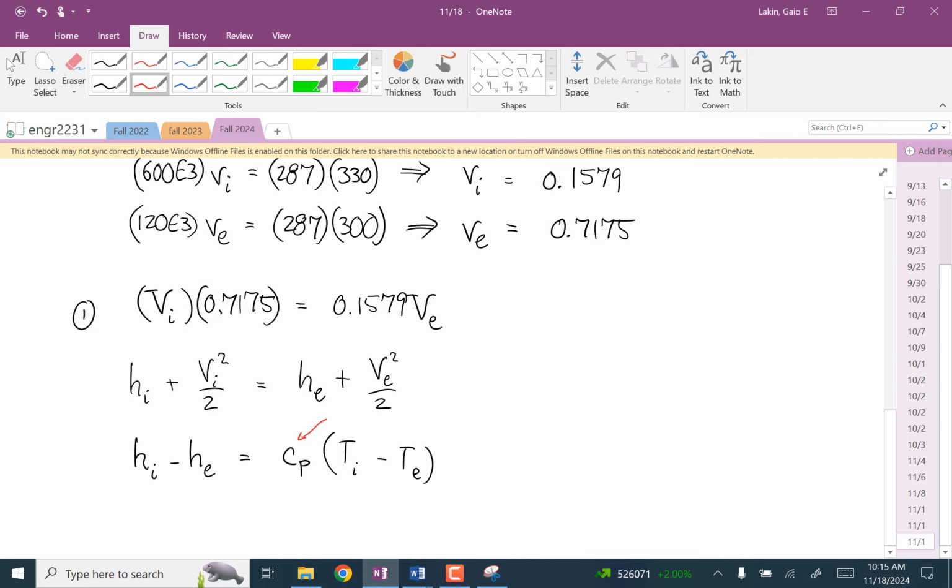This Cp for an ideal gas is R plus Cv. I always write it the other way, I guess. Which is like around 718 plus, I think this comes out to be about 1005.